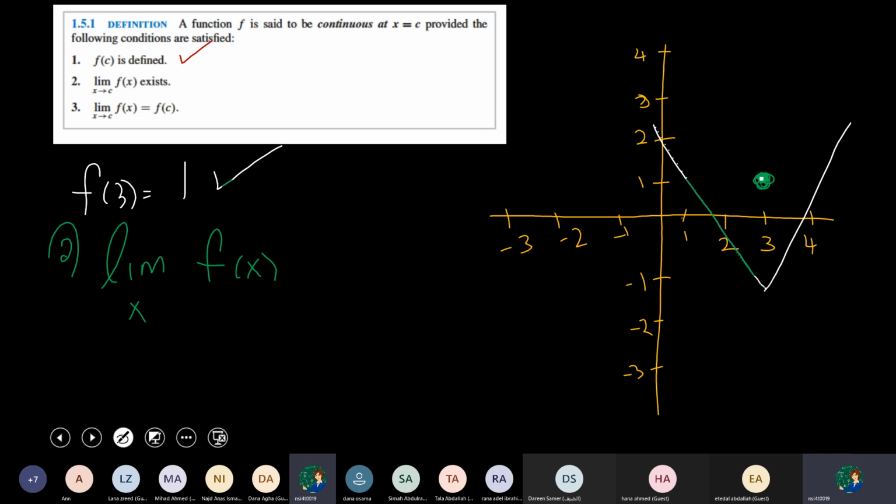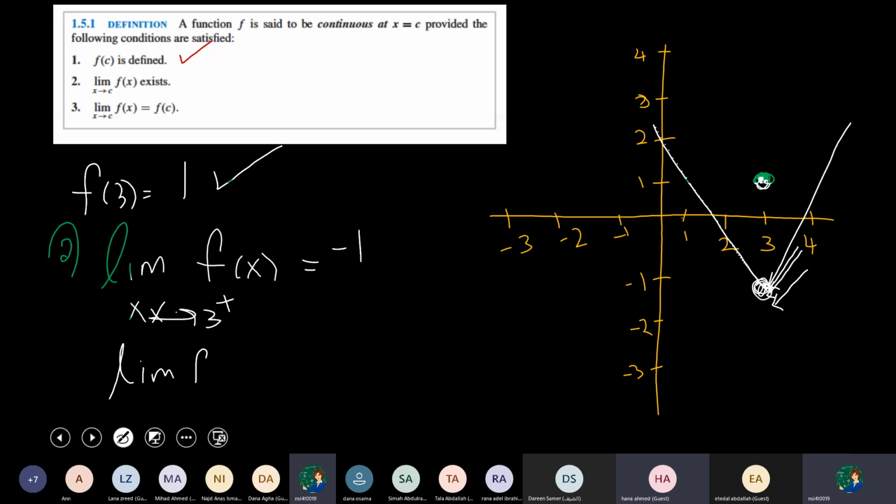Now, limit f of x when x approaches 3 from the right. Look at 3 from the right. It approaches what? To -1. And limit f of x when x approaches 3 from the left?